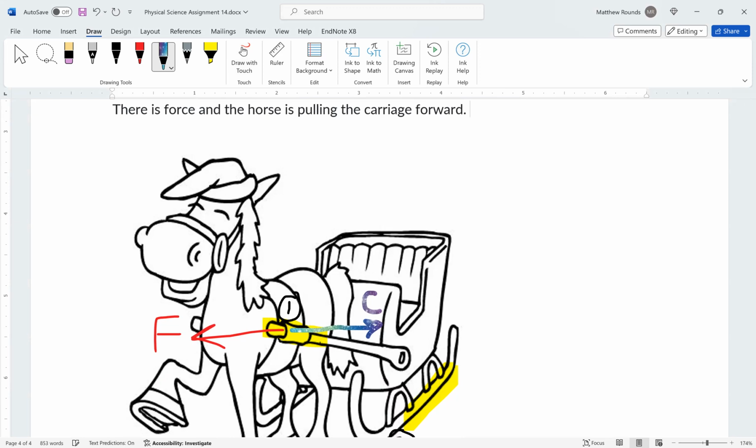So you want to say that the force of the horse pulling is greater than the carriage pulling back, because we would assume it's moving forward. Can you give me one sentence in the next 2 minutes that says that? Well, the force that the horse is pulling with is greater than the weight of the carriage. Okay. That's what causes it to move forward.